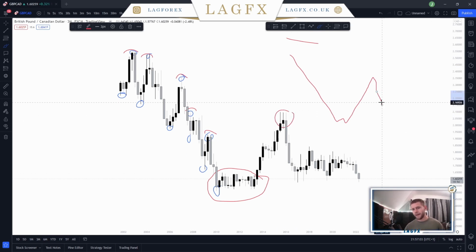So we have to remember that there is always a higher time frame bias that we are following, and the higher time frame bias of this, even though we're on the 3 month, is that we have had an impulse down, a correctional wave back up, and then the thing that I like here is that this should have been a protected low.